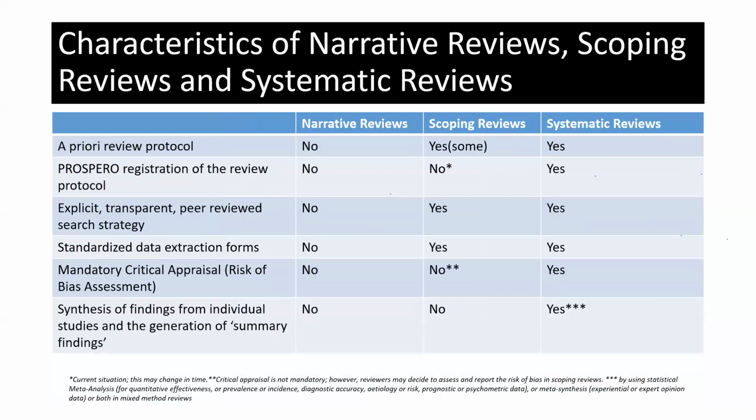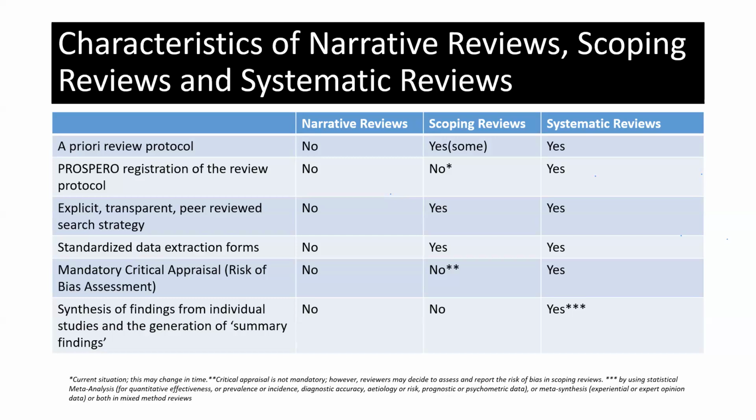So now let's try to understand. You might have a question, because there is another thing which is known as scoping review. Scoping review is a close relative of systematic review, but a far relative of narrative review. So it has some of the things of systematic review, like it has a review protocol.